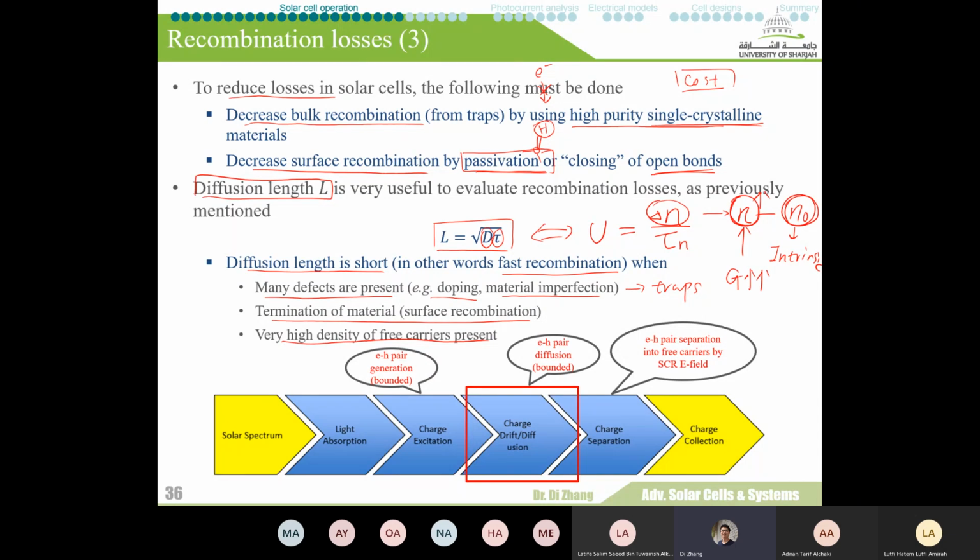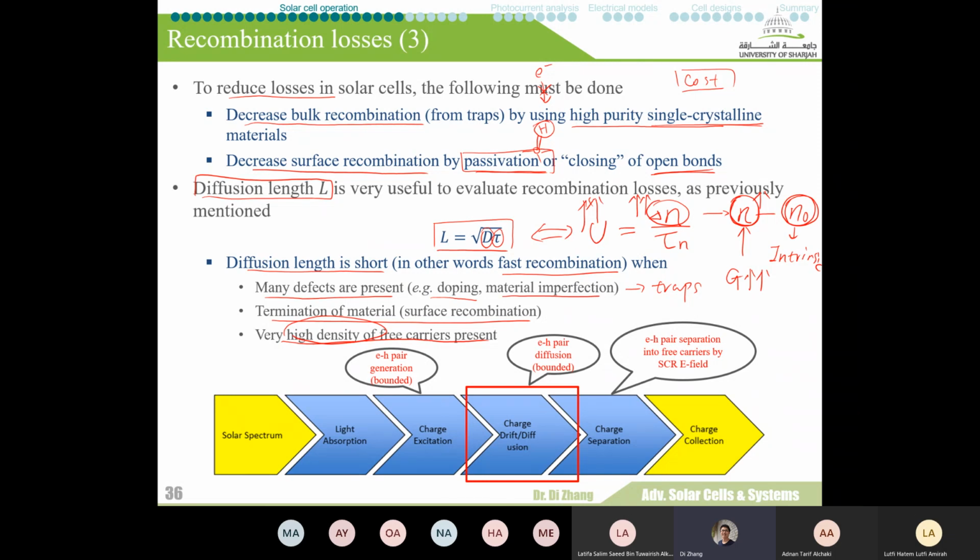But the risk from having a lot of carriers is that this will increase the delta concentration, and this in turn is going to increase the recombination, because understandably, if you have a high density of carriers, you have a larger probability for recombination to happen. If you have a very small number of carriers, then obviously it's more difficult for recombination to occur. So that is another related factor.